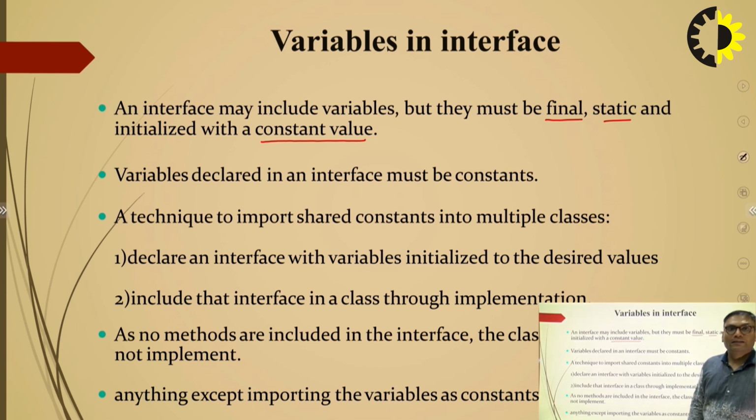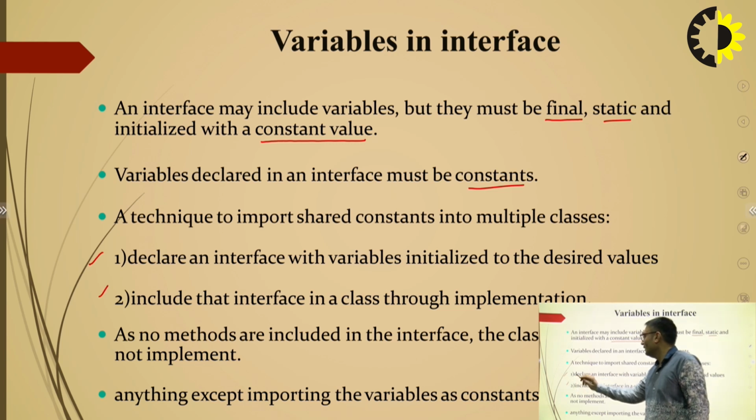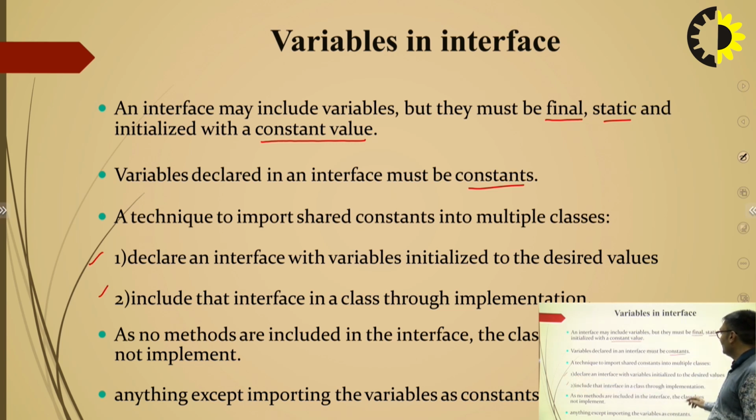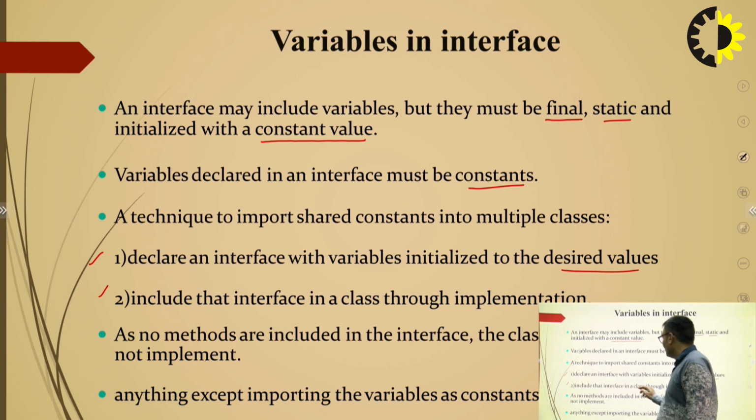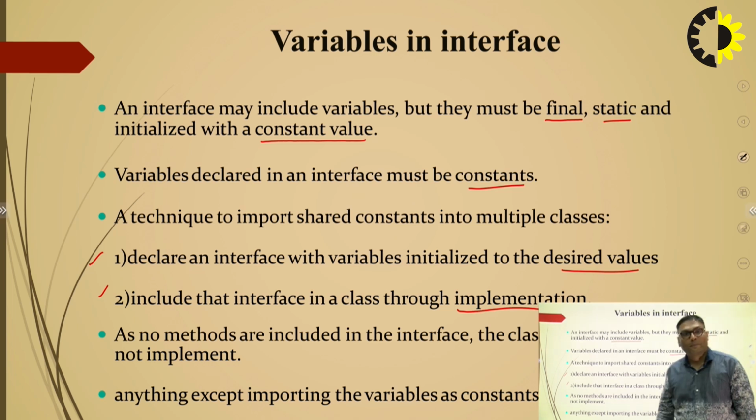Variables declared in interfaces must be constants. A technique to import shared constants into multiple classes can be these two: either we declare an interface with variables initialized to the desired values, or we include the interface in a class through its implementation. These are the points related to variable declaration inside the interface.